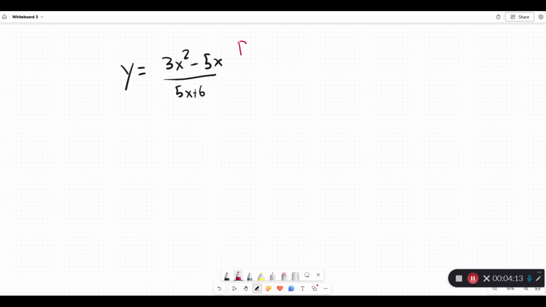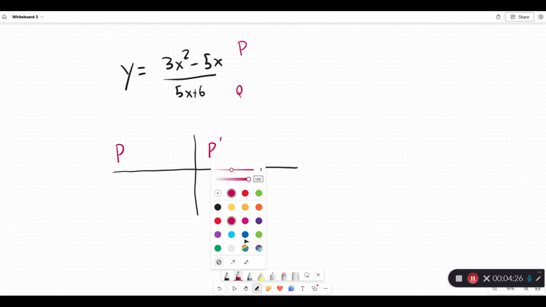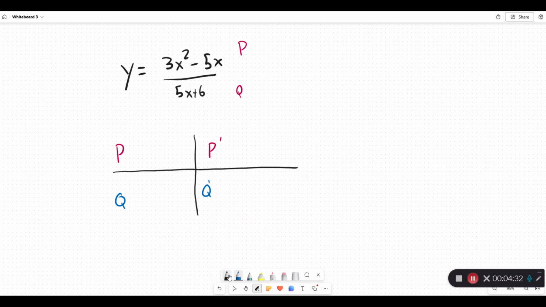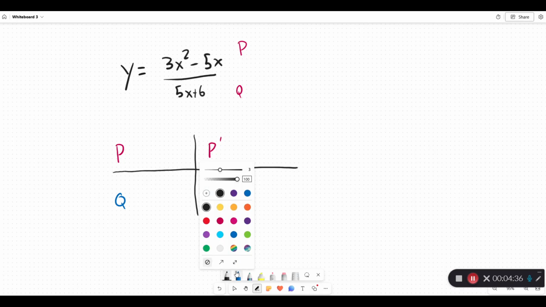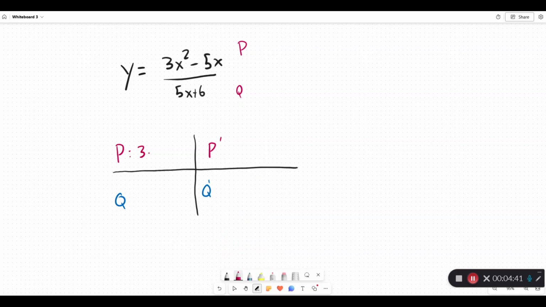So, we'll make our table. Here's our y, and we want to find the derivative of y, aka y prime, or dy over dx. Here's our p and our p prime. I might as well do it in blue. Here's q, and here is q prime. Okay, so p is 3x squared minus 5x.